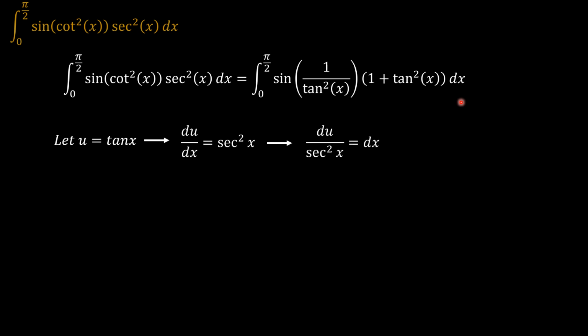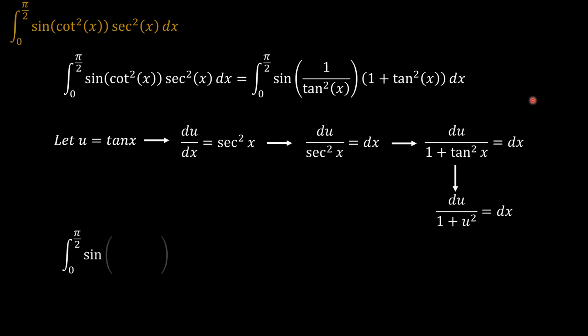And so expressing sec squared x in form of u would be first of all to express sec squared x as 1 plus tan squared x, and therefore since u is equal to tan x, du over 1 plus u squared is the same as dx, or can be replaced for dx.